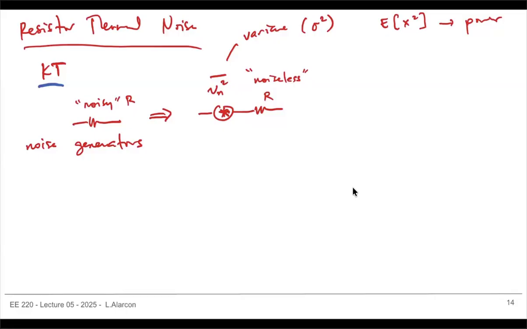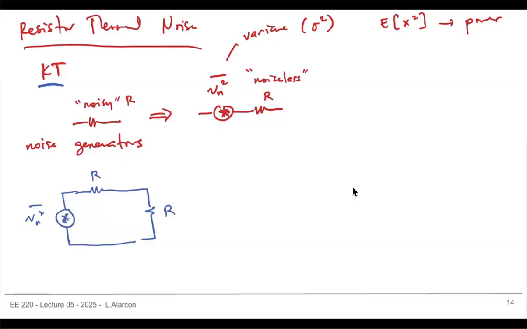So if I want to get the maximum power out of this noisy resistor, then the only way I can do that, hopefully this is clear, is, if I have this noisy resistor R, I make it noiseless, and then I have a noise generator, Vn squared. And how do I get the most power out of that? Well, I put in a resistor of the same value, right? I get maximum power transfer.